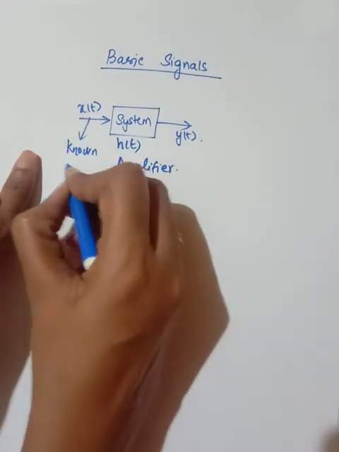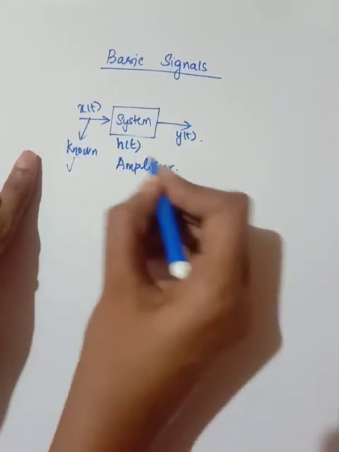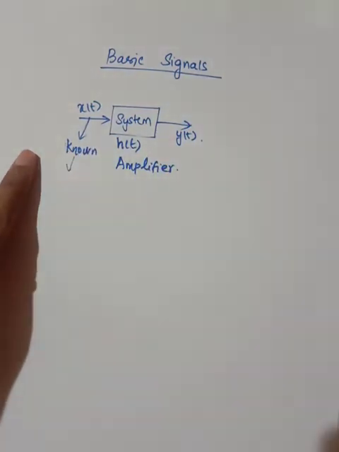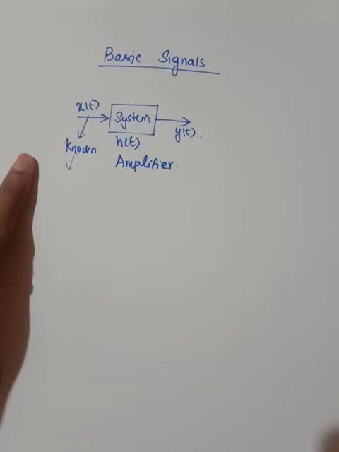If the input is known, then only you can check whether the signal is amplified or not. Without having knowledge of the input, we may not be able to justify our output.